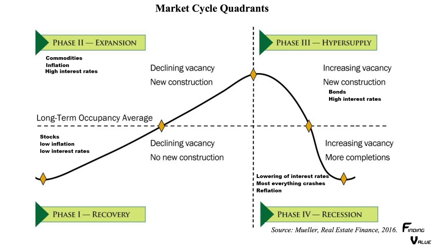At some point in the future, we'll enter a hypersupply phase where they produce too many homes. They've gotten a lot more strict on producing homes, so perhaps this cycle isn't as large as last cycle. But typically, if you have a hypersupply phase, the best thing to kind of jump into right during the top is to get into bonds.